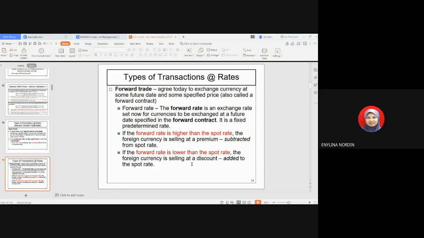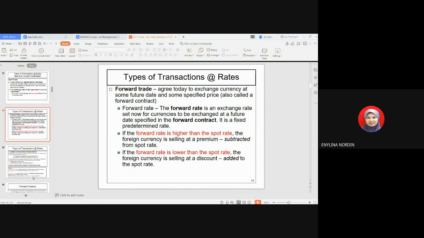Okay, kalau katakan current rate tadi spot rate is 1.5 and the premium is 0.5, that means you kena minus, so then the currency will become 1. So that is the difference between the premium and discount.